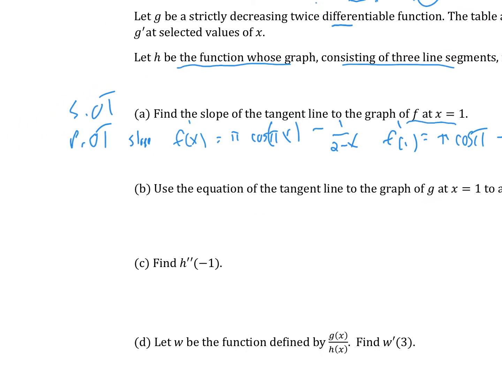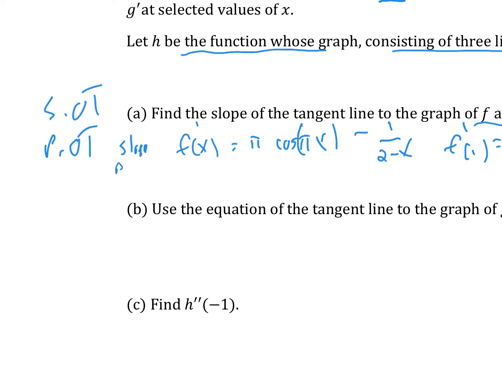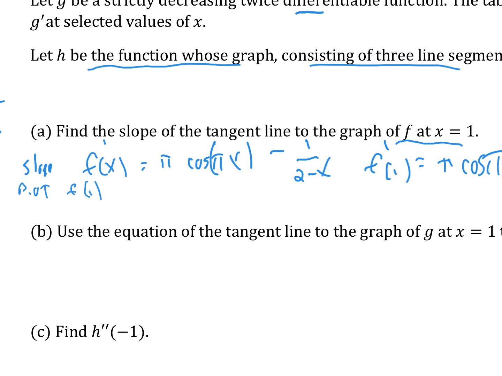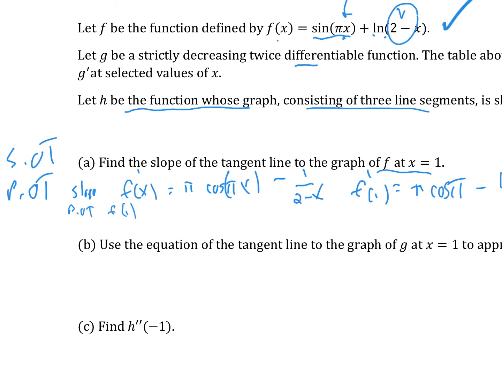I also need to have the point of tangency, which would be f evaluated at 1. So I go back and look at my f again, and I'm going to do the same thing. Well, I can plug it in right now. Sine of 1 times pi, sine of pi, plus natural log of 2 minus 1 is 1.